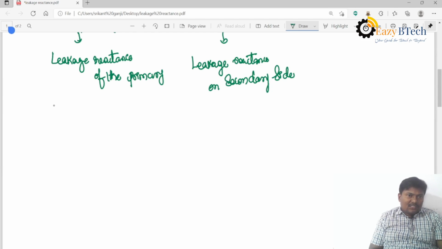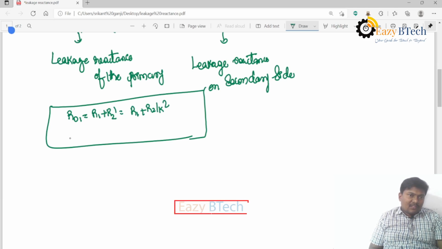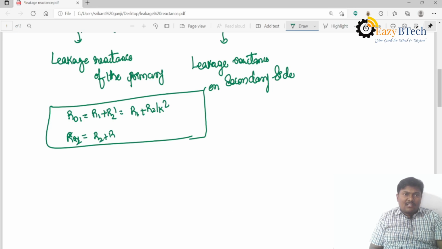We know from the previous lecture that R01 is equal to R1 plus R2 dash, that is R1 plus R2 by K square. And R02 is equal to R2 plus R1 dash, that is R2 plus K square times R1.